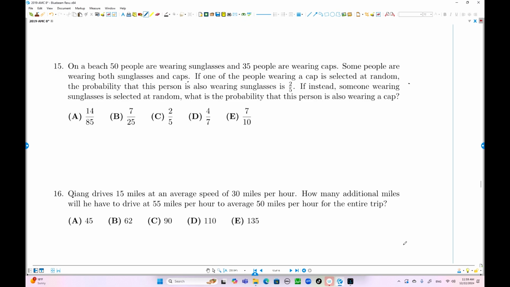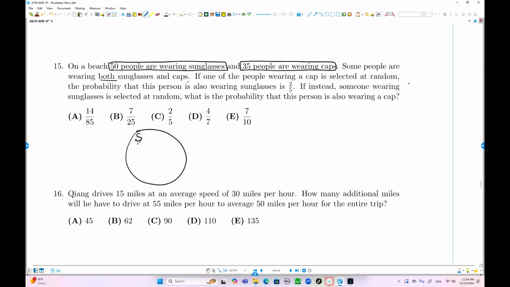Number 15. We have 50 people wearing sunglasses and 35 wearing caps, and some of the people wearing both. Sunglasses is 50 and caps is 35.